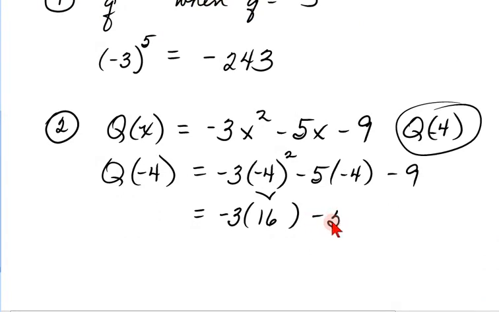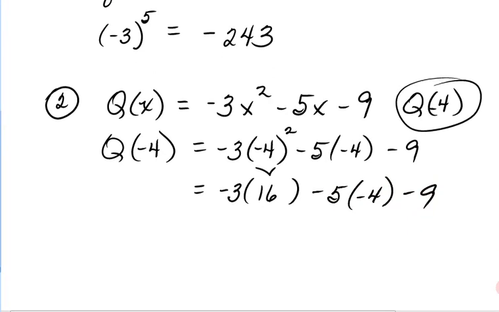All right, so -3 times 16 is -48, minus 5, parentheses, -4, minus 9. And some of you will do multiple steps in one line, but I'll just do one. That gives me -48. The next term, -5 times -4 is +20, minus a 9.